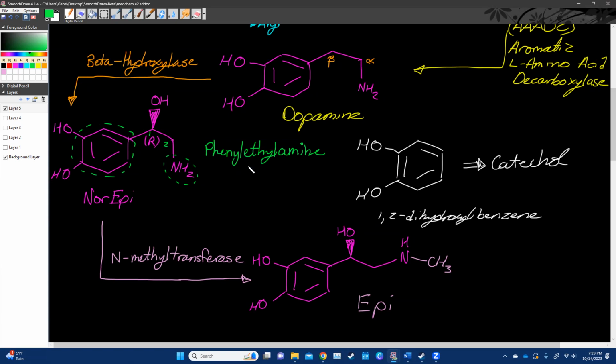The phenylethylamine backbone is what mimics either epi or norepi. This is what fits inside of the receptor. So having this phenyl group about two carbons away from an amine is what enables a drug to mimic norepi or epi. Does that make sense?